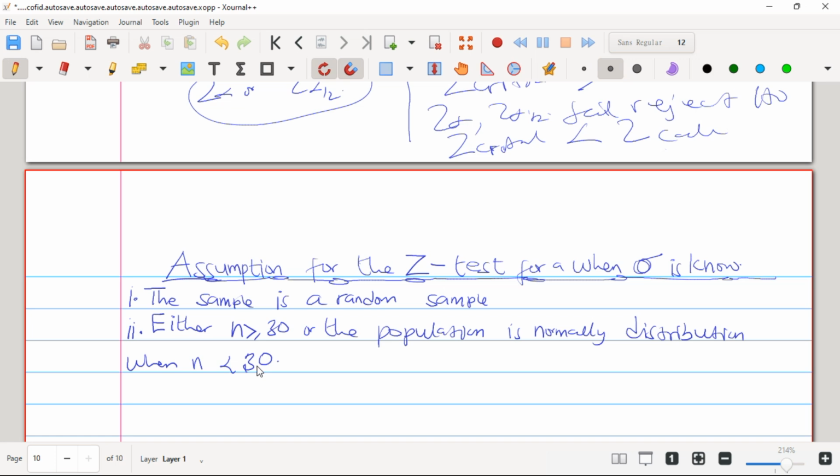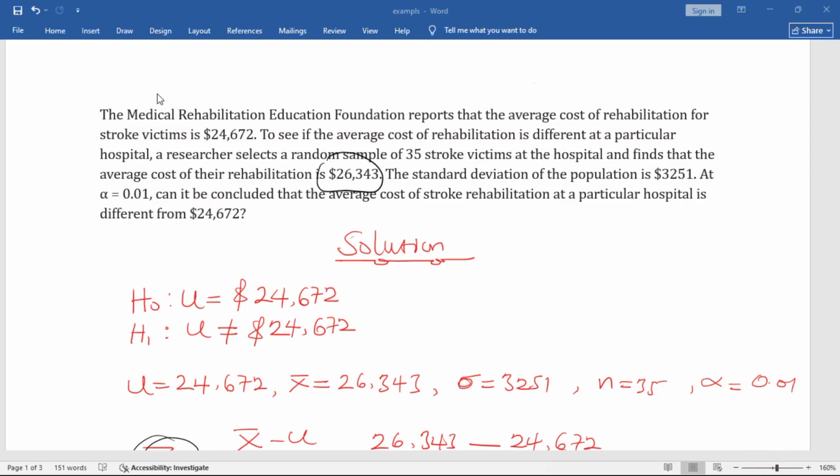So let's go to some examples for us to really appreciate what we have discussed here today. So this is our first example. It says the Medical Rehabilitation Education Foundation reports that the average cost of rehabilitation for stroke victims is $24,672.